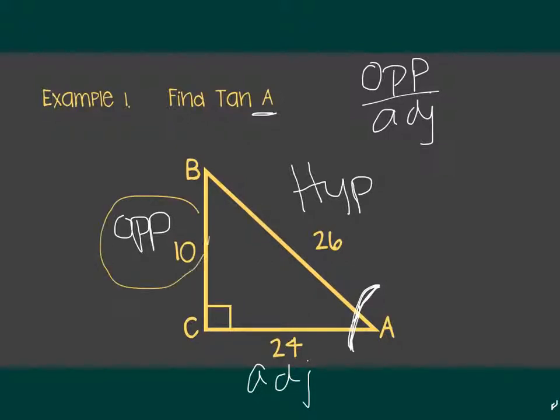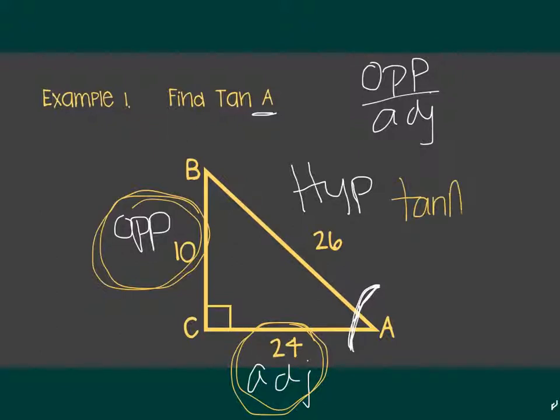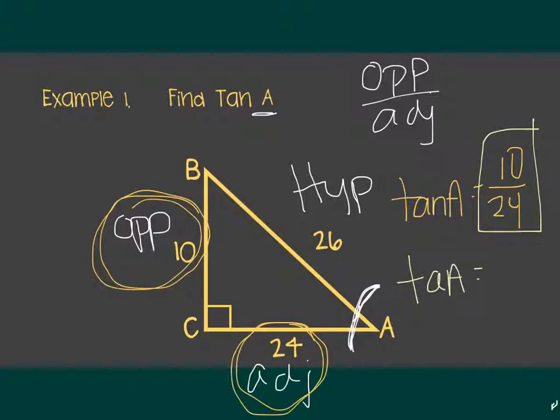I'm using my opposite. I'm using my adjacent. So the tangent of angle A is my opposite, which is 10, over my adjacent, which is 24. Okay? If you look at this, 10 over 24 can be reduced. Both of those can be reduced by 2. So my tangent of A is 5 over 12.